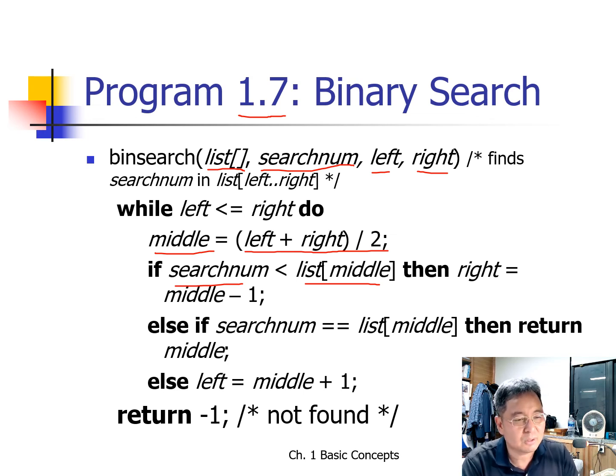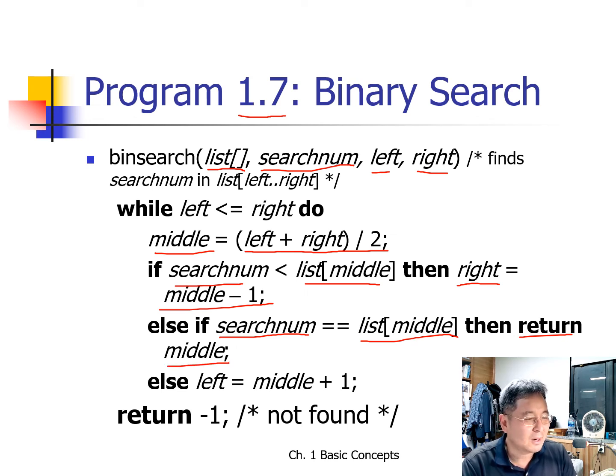So that means we just adjust the right value to middle minus 1. And if search num and the list's middle value are the same, then mission completed. So we just return the middle value.